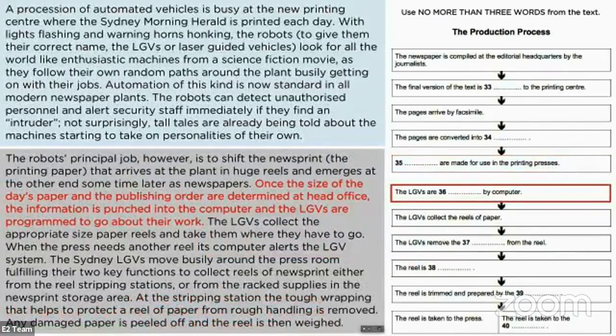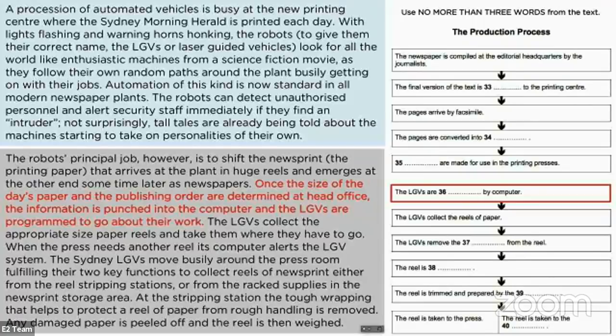Let's look at 36 here. The LGVs, there's a good keyword to search for. The LGVs are something by computer. I'm thinking that this is going to be a past participle. This was a very hard one.